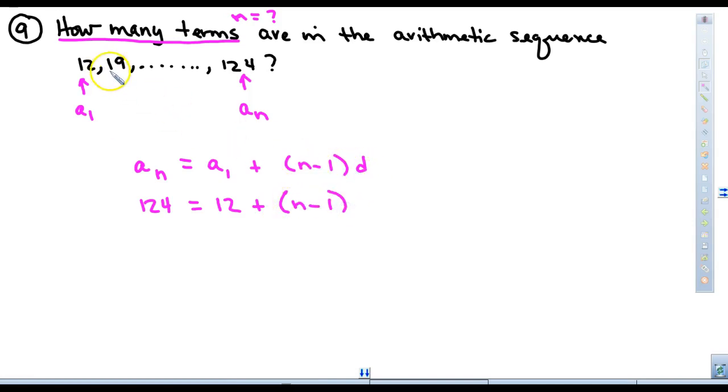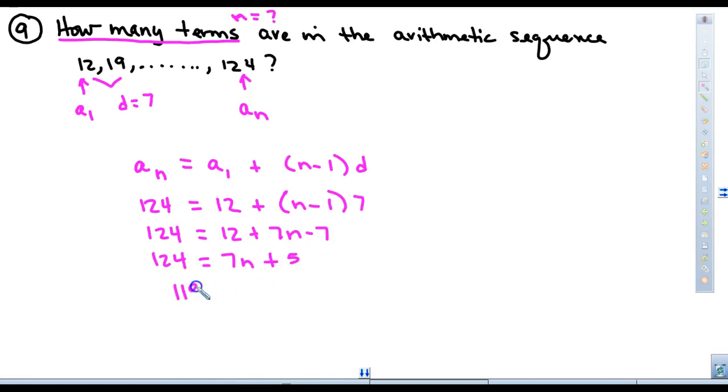And d is the difference. I can get my difference from right here: 19 minus 12 gives me a difference of 7. So now I've got an equation that I can solve for n, and that'll tell me how many terms are in here. So I'm going to solve this. And when I solve this, it tells me that this particular sequence would have 17 terms.